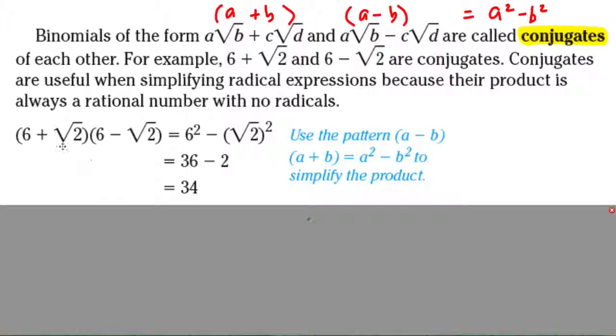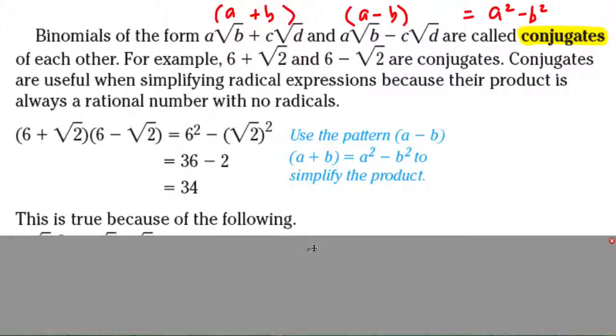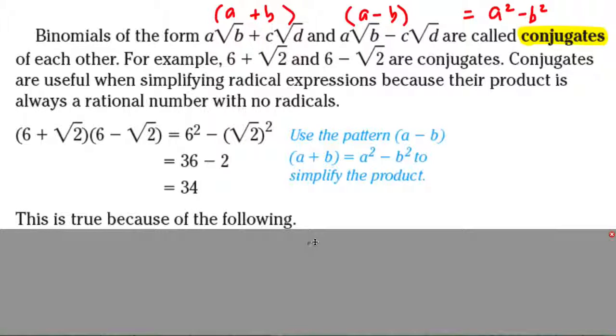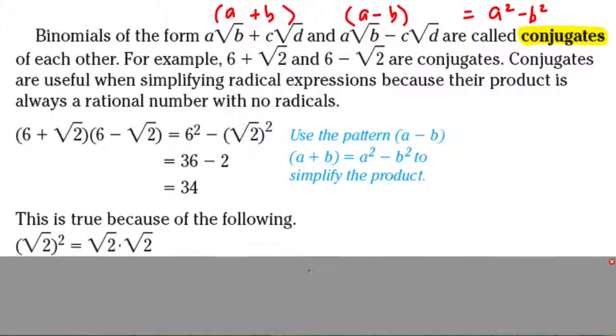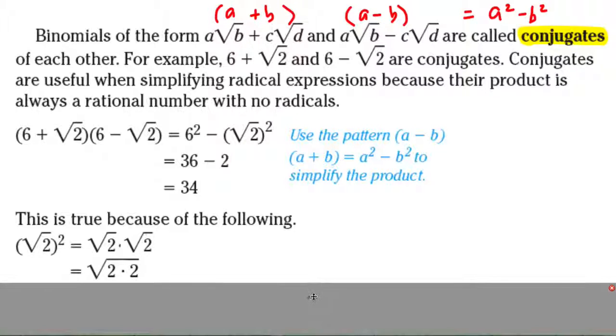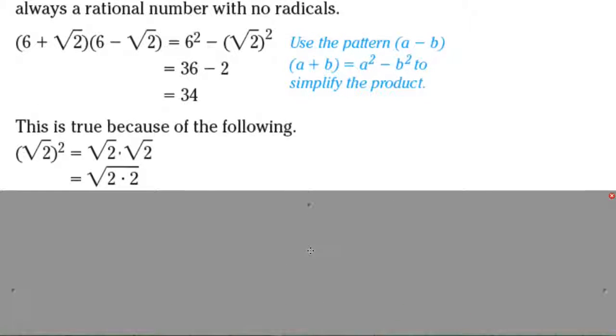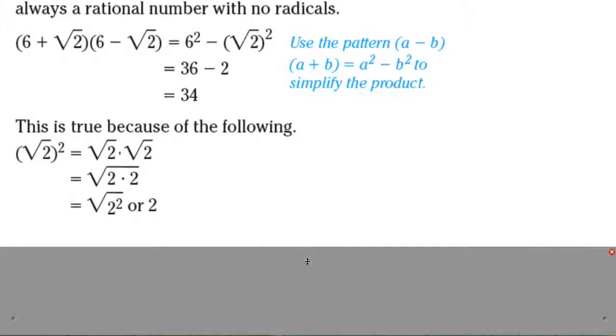Okay, so the product of the conjugate of 6 plus radical 2 will be 34. Okay, so this is true because of the following. We know for a fact that radical 2 squared is the same as radical 2 times radical 2, or it's the same as radical 2 times 2, or simply radical 4, or 2.